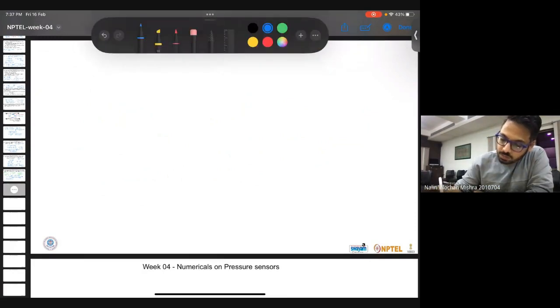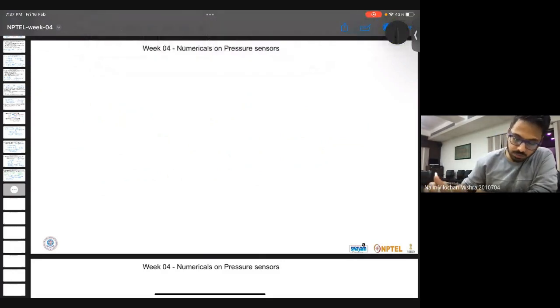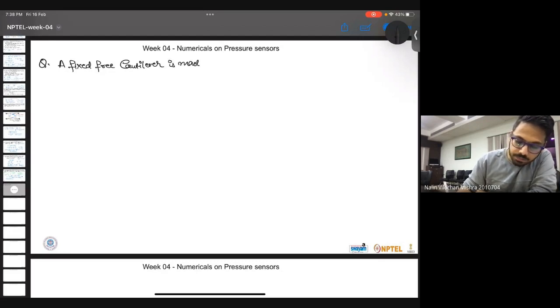Okay, so I think I have the last question for today. So please try it. A fixed-free cantilever is made of single crystal silicon.